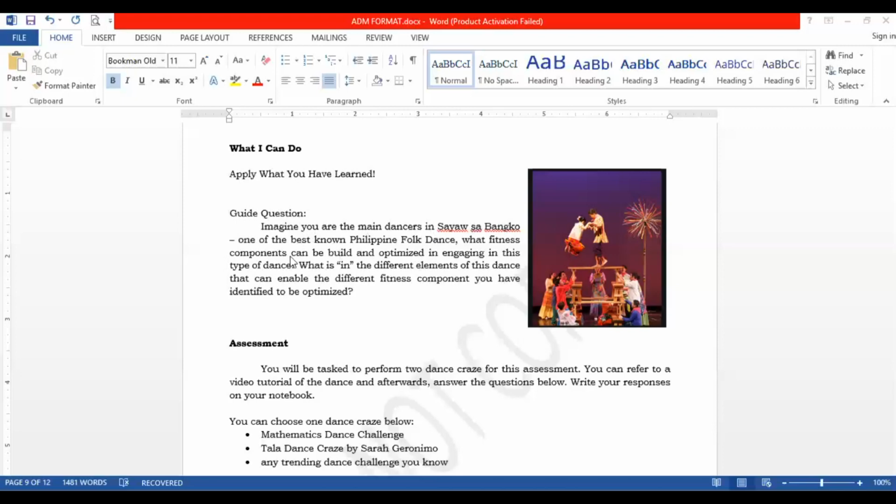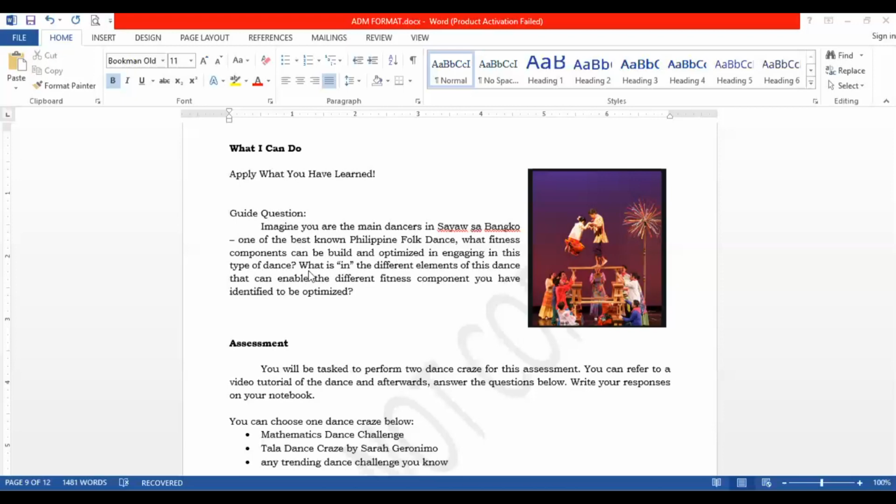What fitness components can be built and optimized when you engage in this type of dance? No? So, i-imagine ng bata ngayon kung siya ang isa sa mga main dancers in this picture, ano kaya ang mabibuild at ma-optimize sa kanyang fitness components? No? Dancing this kind of dance.